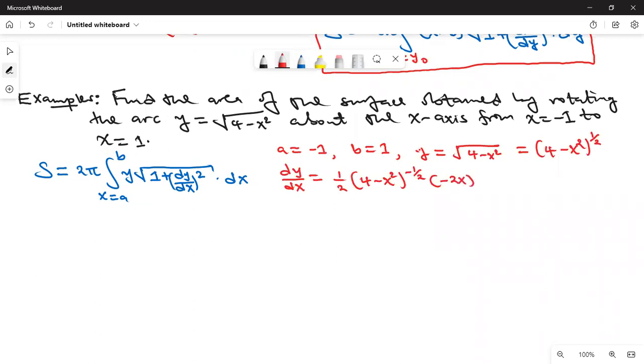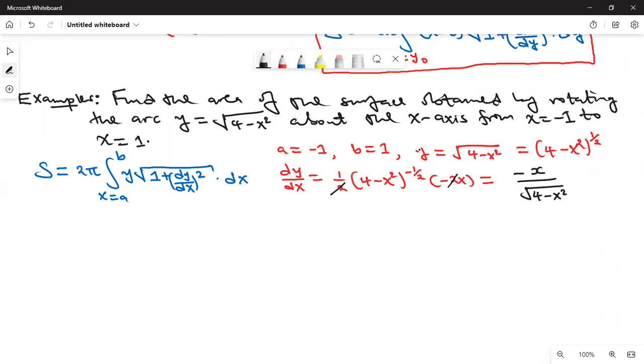You start by differentiating the power, then times the derivative of 4 minus x squared, which is negative 2x. So this you can write as, remember that these 2 will cancel with this other 2, negative x over the square root of 4 minus x squared. That's what we remain with. Now that is dy dx.